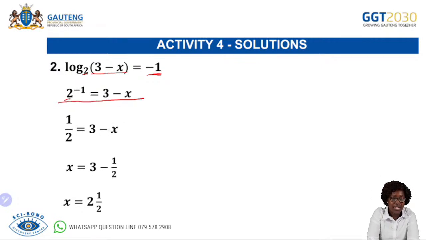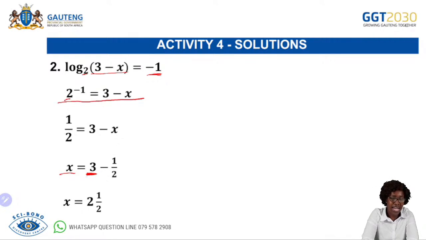So in our instance, we're now going to add x to both sides, and then when we add x to both sides, we're going to end up with x on the left-hand side because x plus half gives us x. Then on the right-hand side, we are going to keep the number 3, but because we want numbers on one side, we're going to subtract a half on both sides.